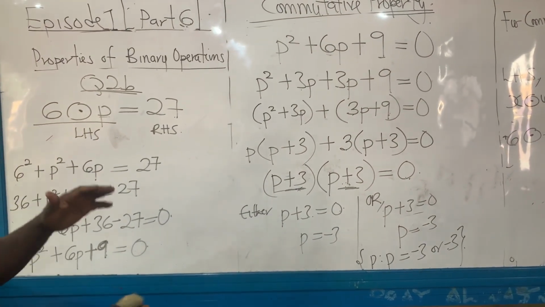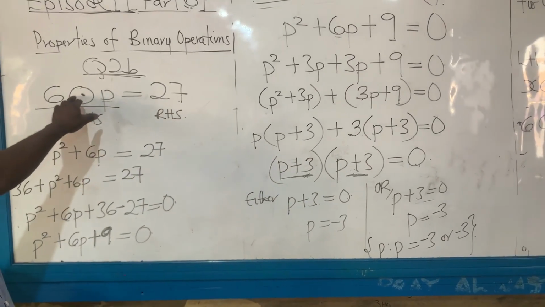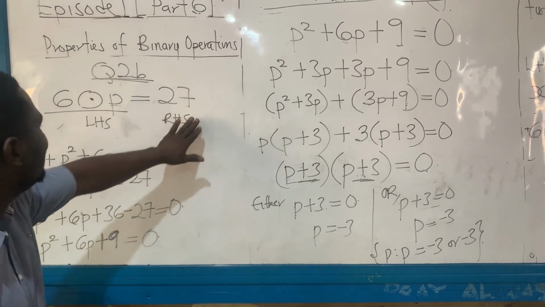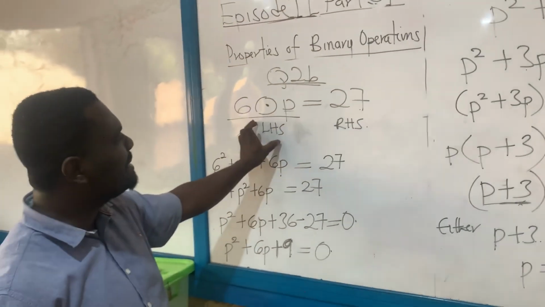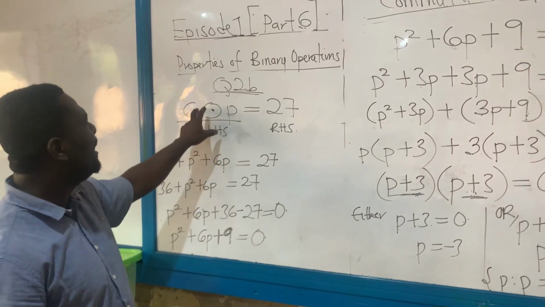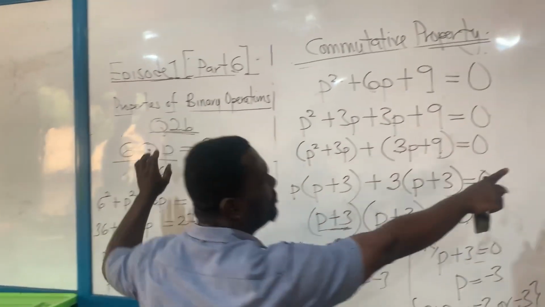First of all, going back, we were given 6 circle P equal to 27. And we consider the left hand side, and we notice that it has formed a binary operation. In that case, we can use the formula.